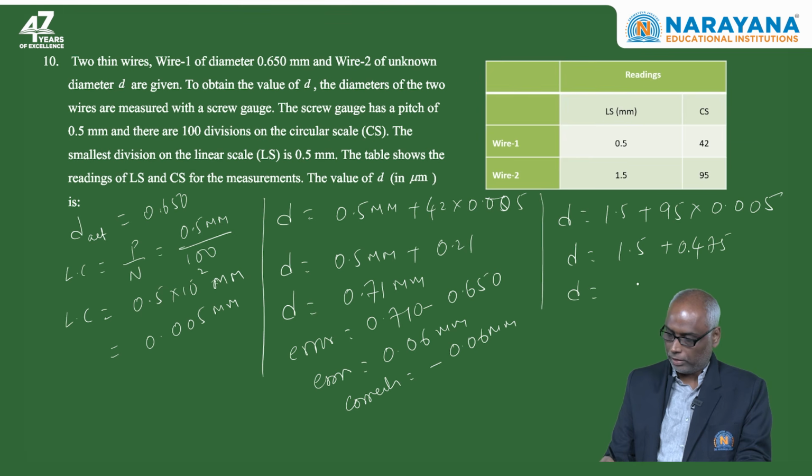So the diameter becomes 1.975 millimeters. This is the measured value.